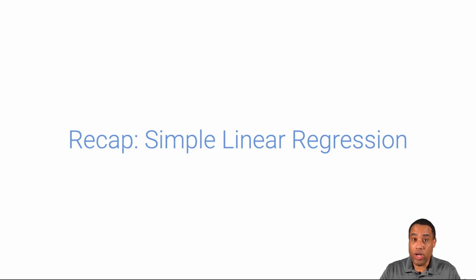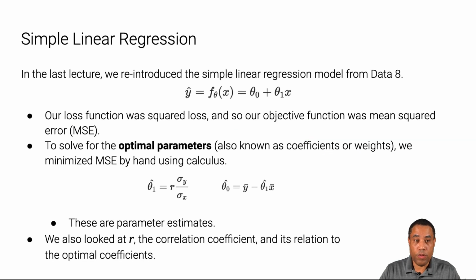So let's see a quick recap of simple linear regression from last lecture. In the last lecture, we reintroduced the simple linear regression model from Data 8. We have y hat, our prediction, is equal to theta naught plus theta 1 times x. So we have two parameters and a single input feature x.